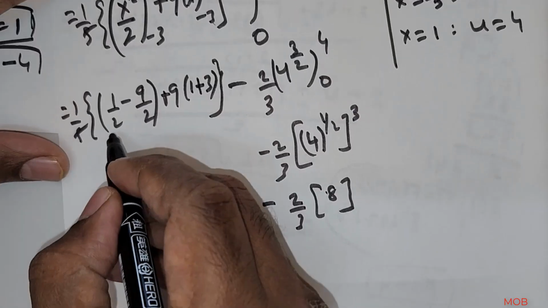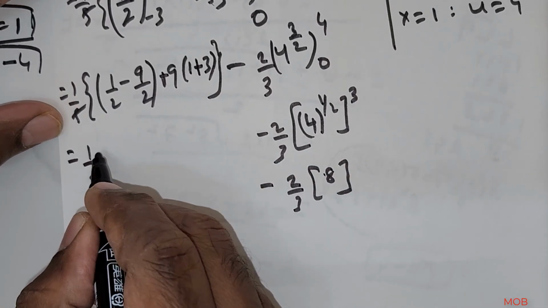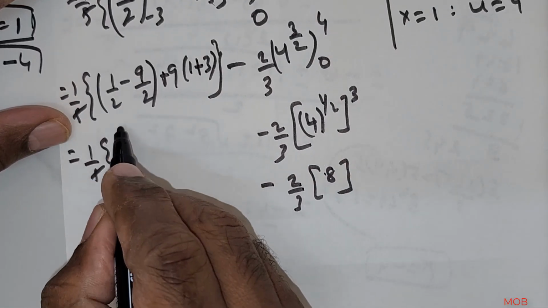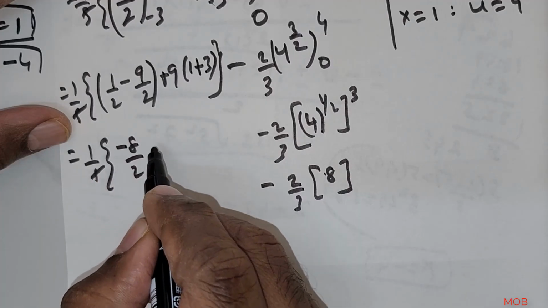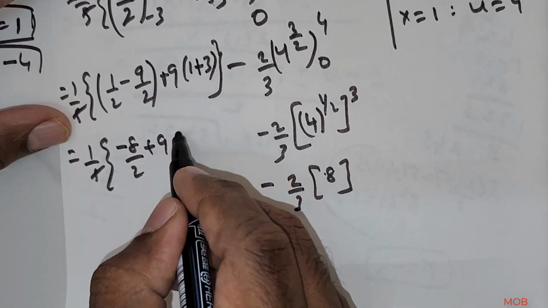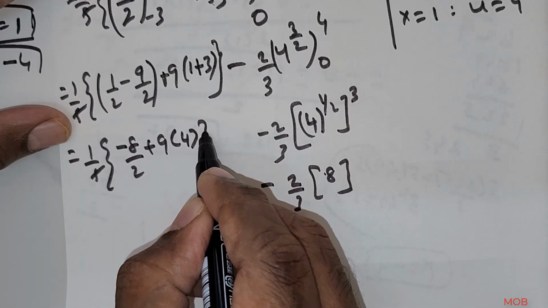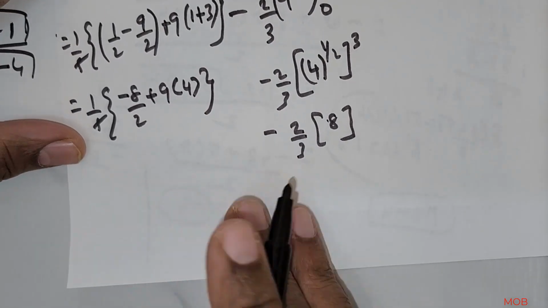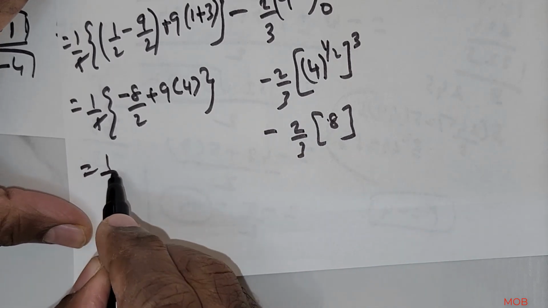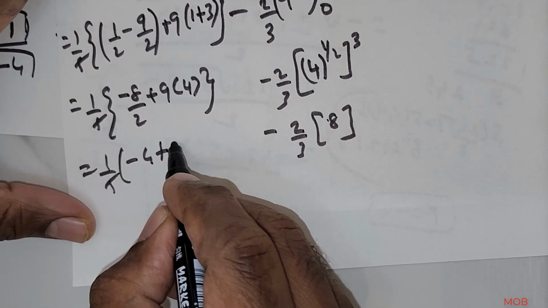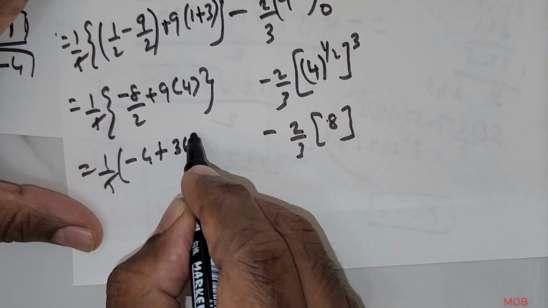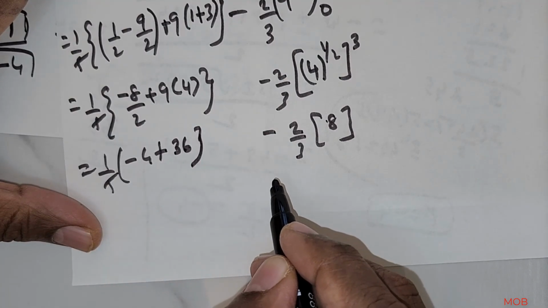Okay, so this is equal to 1 over 5. 1 negative 9. That's going to be negative 8 over 2. This is 9 of 4. Right? So this is equal to 1 over 5, negative 4 positive 36. 9 4s are 36.